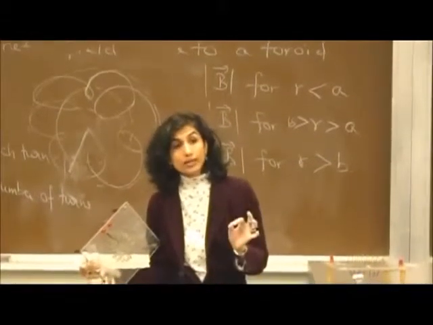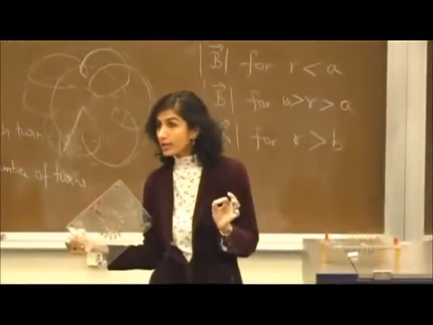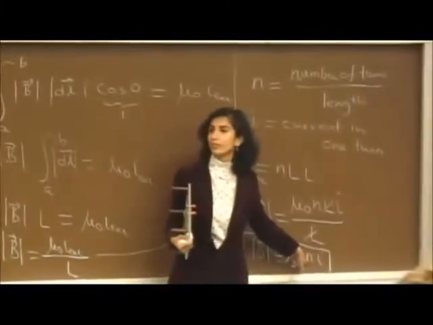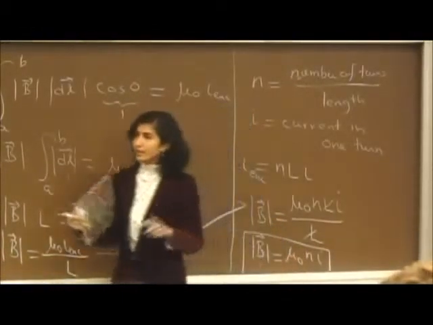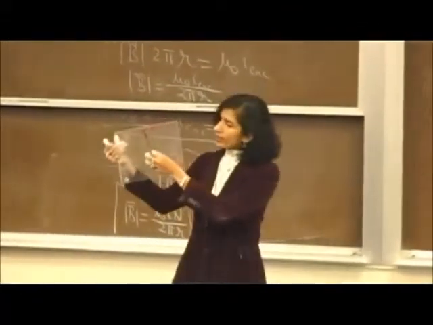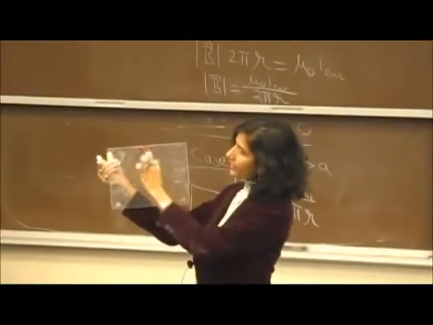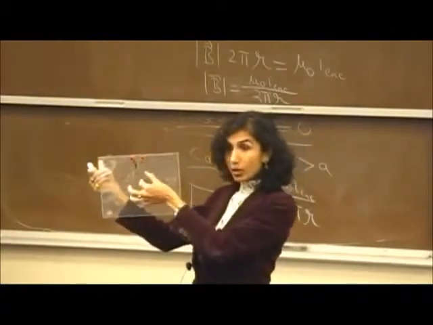So notice that unlike the solenoid, where the magnetic field does not depend upon the radius, here, in the case of toroid, the magnetic field does depend upon the distance r from the center, so long as you're trying to find the magnetic field in this region here, between the coils.